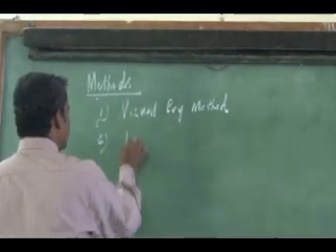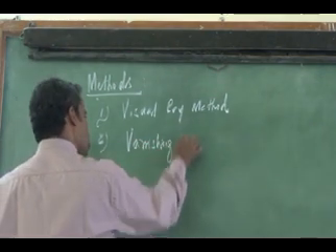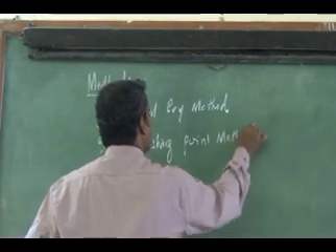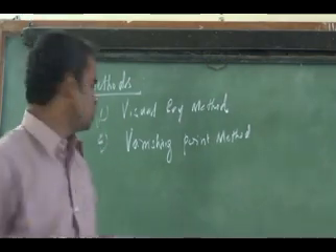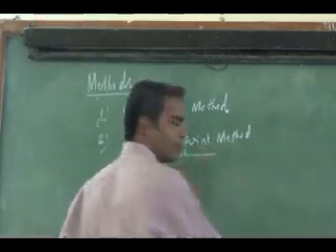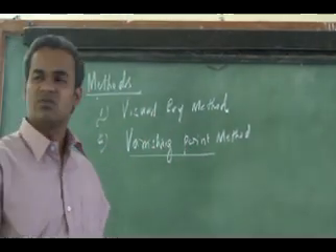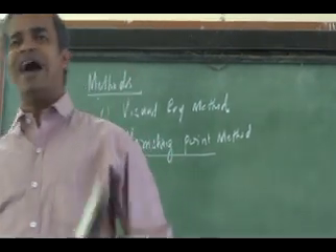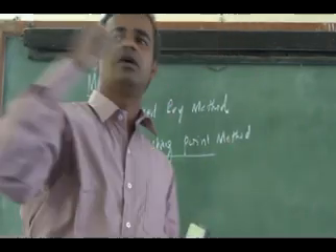Right. The next one I have is the vanishing point method. What is a vanishing point? First of all, you should know. It is a point where the image of the object vanishes.